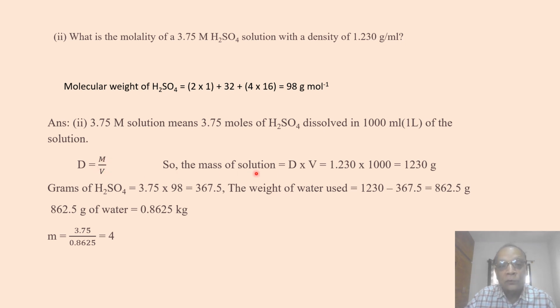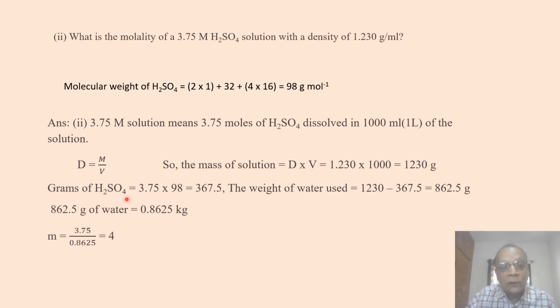So the mass of solution, D into V, is equal to 1.230 into 1000, which means it is 1230 grams. There are so many ml, and the density is 1.23 gram per ml. So for 1000 ml, this is the mass.